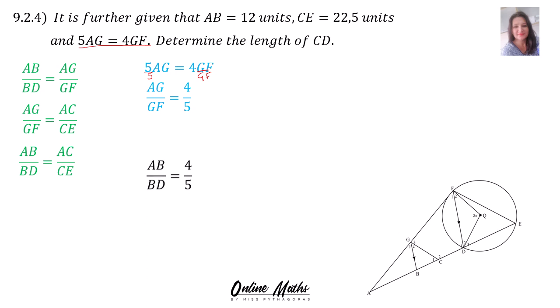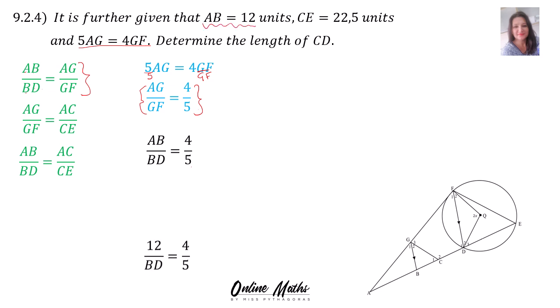But, are you with me? AB over BD is equal to AG over GF. So here we said AG over GF is 4 over 5. So now we can say AB over BD is equal to 4 over 5. And it was given that AB was 12.